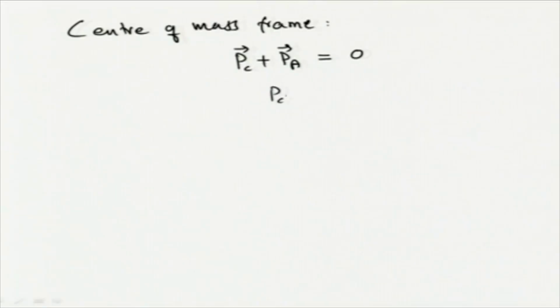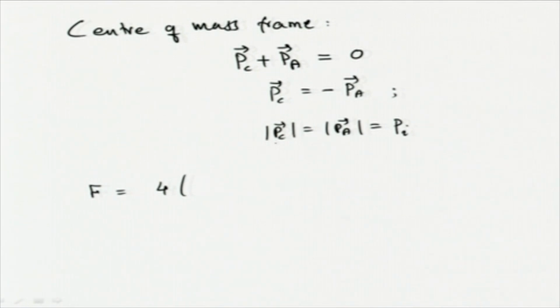This tells you that P C is equal to minus P A, and if we take the magnitude, the magnitude of P C is equal to the magnitude of P A, which I denote by P I. In that case F becomes the magnitude of P A, which is P I, times E C plus the magnitude of P C, again P I, times E A, over 4 E A E C. I can take the P I out of the bracket, then it becomes P I times E A plus E C.